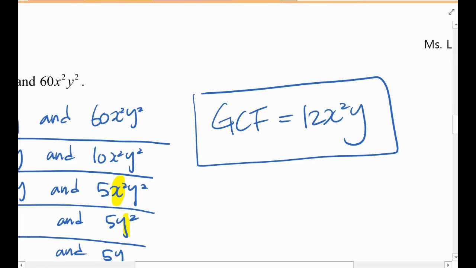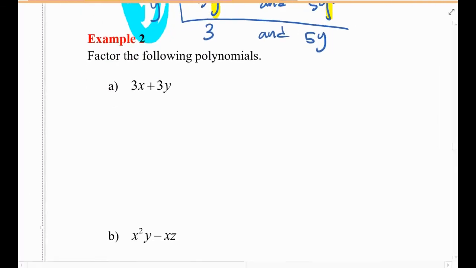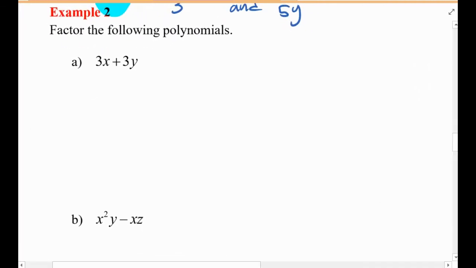Okay, let's move on to the next question. Example 2. Factor the following polynomial. We're not just going to find the GCF, we're going to find the factored form. What's the GCF of 3x plus 3y? 3 becomes x plus y.